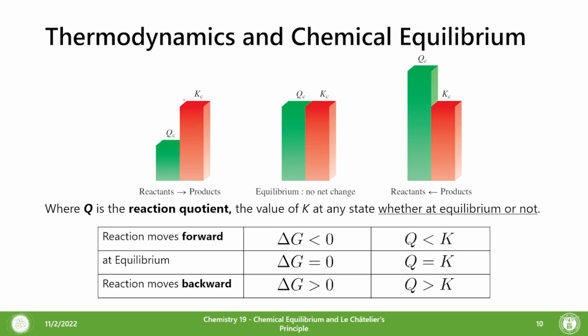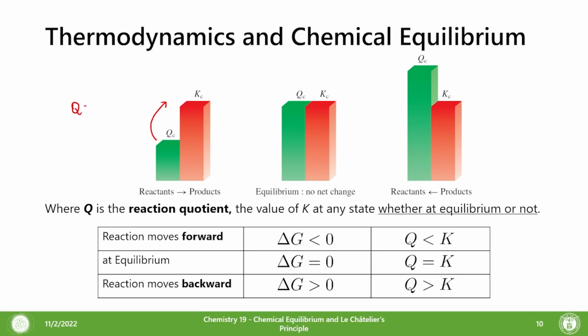So if Q is less than K, I think the next slide will illustrate this, then Q has to increase. And how will it do that?